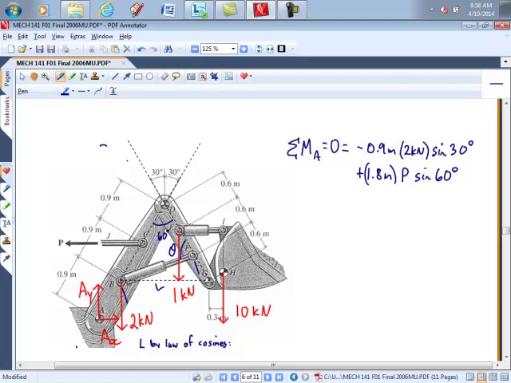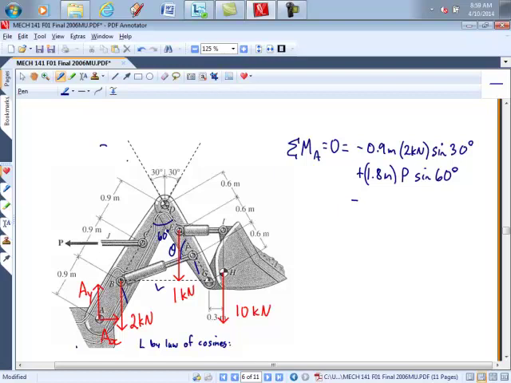All right, now we're going to get a little bit trickier. Because now I can't just take the angle between, I'm going to have to figure out these lengths. Is that going to be positive or a negative moment for this next one? Negative. So that's going to be minus.